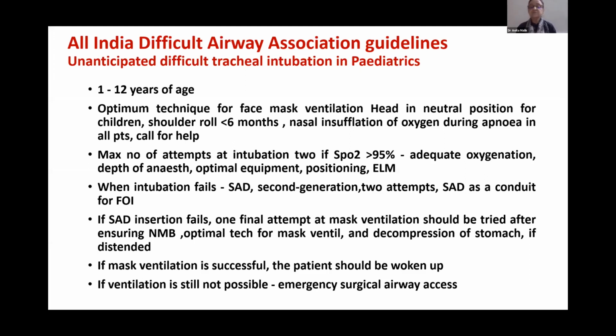Optimal technique for mask ventilation is provided. Decompression of stomach is done. But if mask ventilation is successful, even then the patient should be woken up. If ventilation is still not possible, then emergency surgical airway access is to be done.